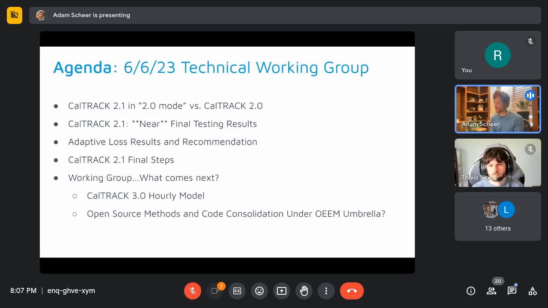I think we're at a point where we would see some real advantages of consolidating a lot of the open source code that currently exists in different repositories, bringing them all under the OpenEEmeter umbrella. But there may be some disadvantages to that as well, and we don't want to make any presumptions there. So we would like to open the lid on that topic and get some feedback from folks here.